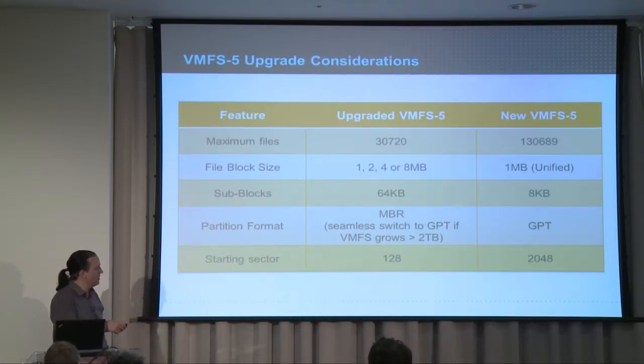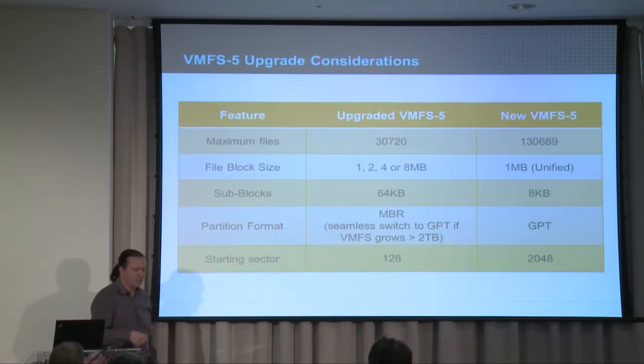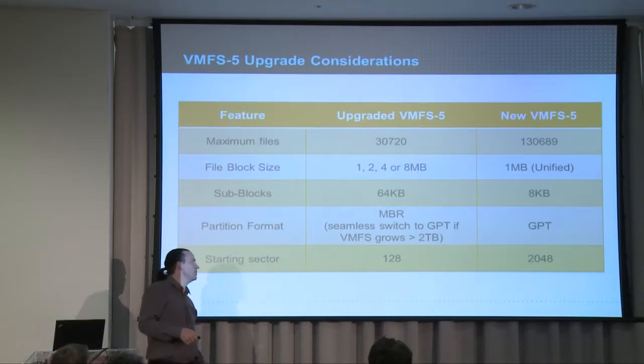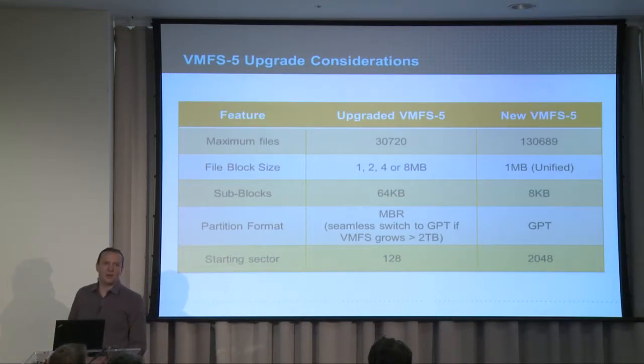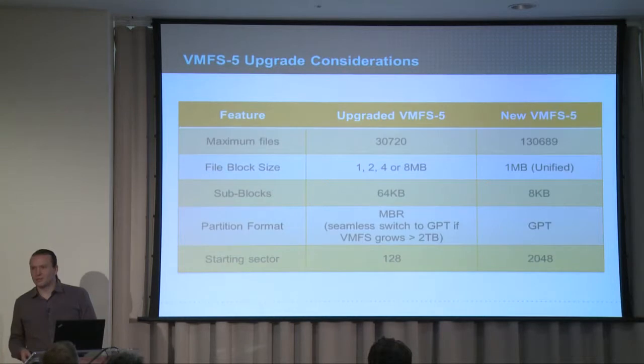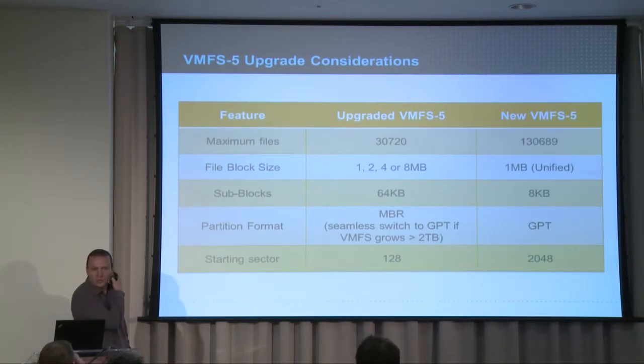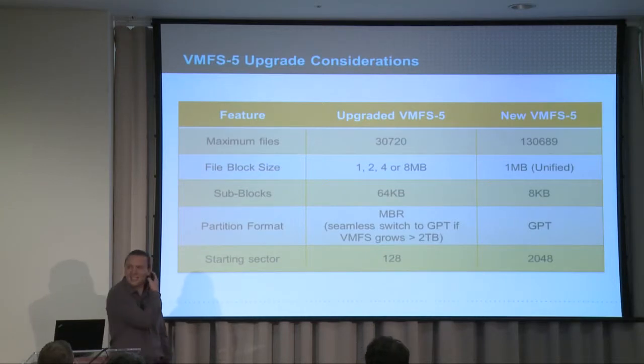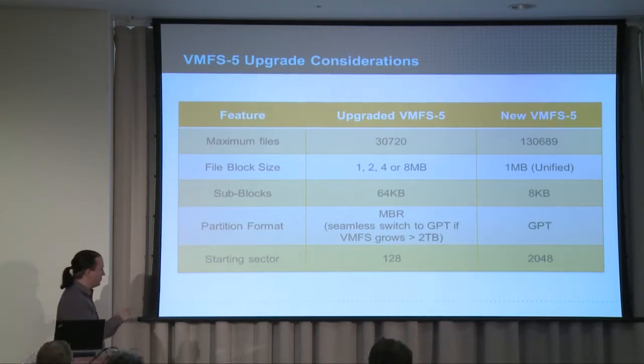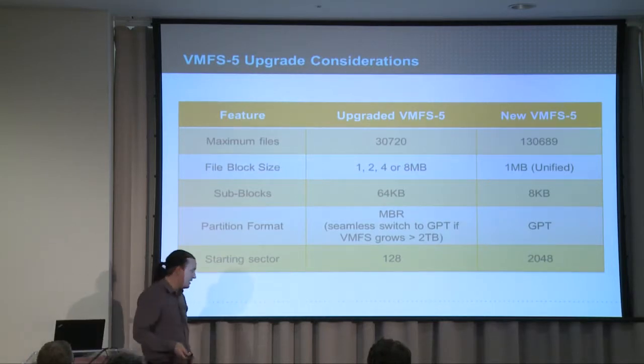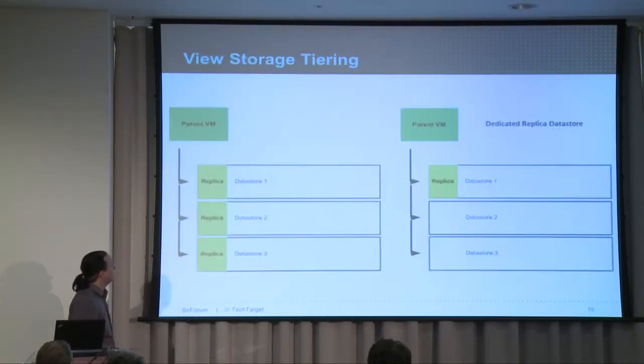You know, it's only GPT, GUID partition table. If it grows beyond 2 terabytes, honestly, just start again and Storage vMotion. Don't upgrade in place, because I don't want to have to troubleshoot that if you've got a problem with it. So VMFS-5, that's great.